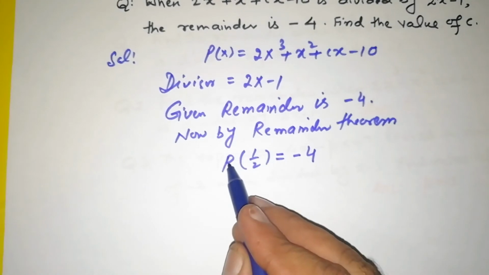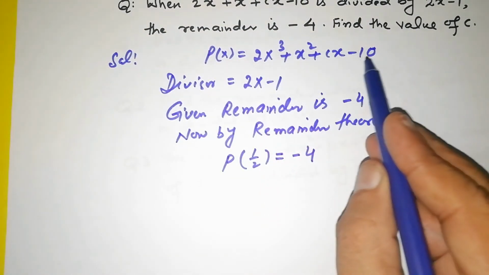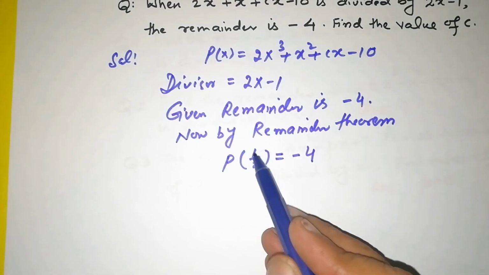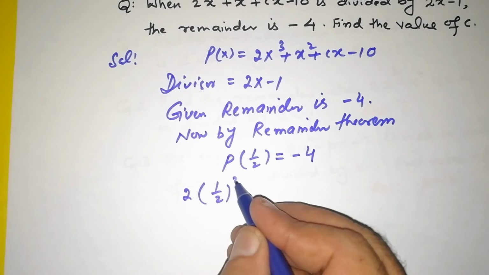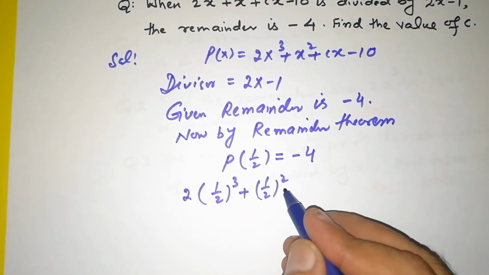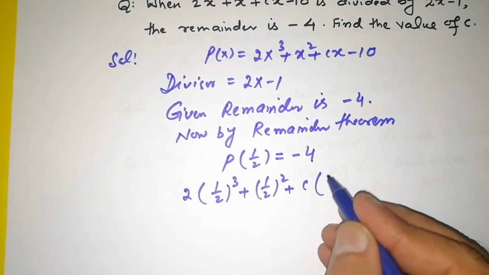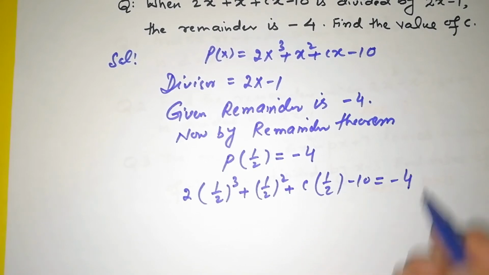So the value of the polynomial at 1 by 2: replace here, in place of x we write 1 by 2, so 2 into (1 by 2) cube plus (1 by 2) square plus c into 1 by 2 minus 10, that is equal to minus 4. So we simplify this equation.